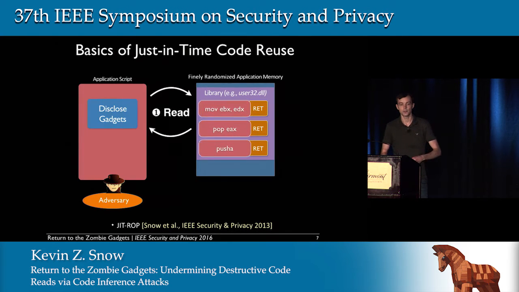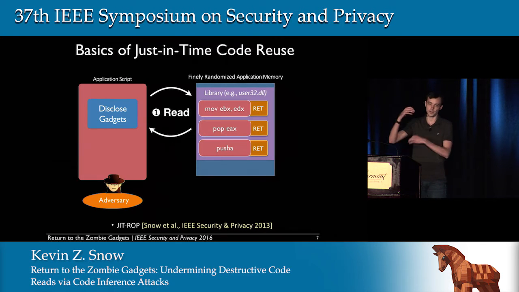They can repeatedly use it, for example, by leaking an initial function pointer, all the code that function pointer points to, then scraping all the pointers off of that code page, and so on recursively until they've mapped out all of program memory and all the gadgets within the pages they've disclosed. So the attacker at runtime can find all the gadgets in memory, even when program memory has been finely randomized.